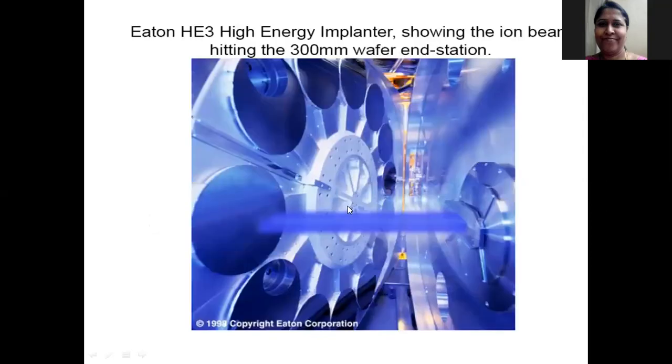Here you can see the actual implantation equipment being used in the fabrication unit. Here wafers are placed on a holder and the wafers are made to get exposed to this ion beam, and then the holder rotates so that every wafer will get exposure for a certain amount of time, and this way we can get implantation done.